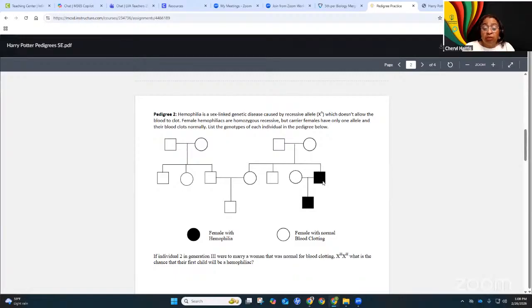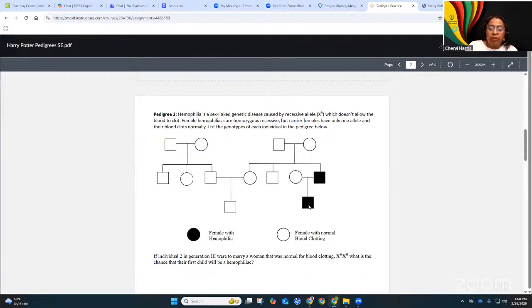However, the son over here had hemophilia. Actually, no, I backed that up. This is the person they married, because they're not connected. So they had 3 children. The son married this young lady here, and then this one had hemophilia.